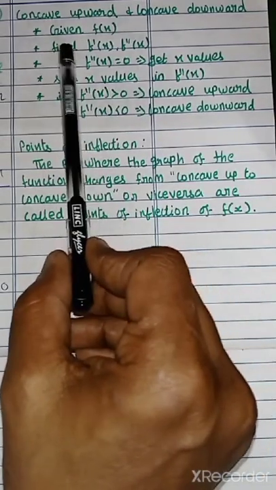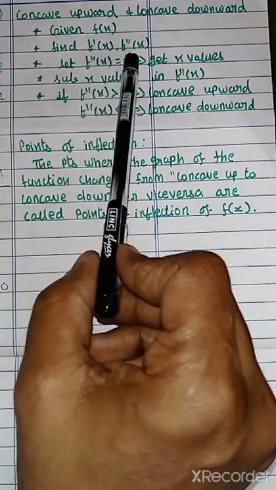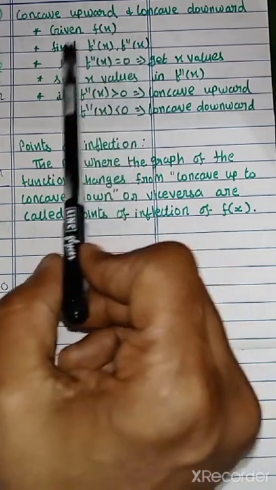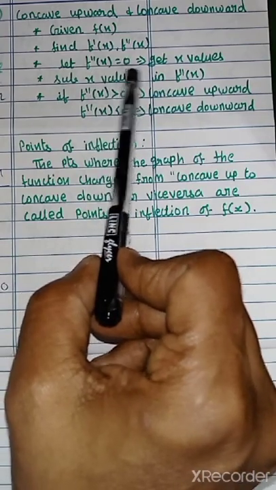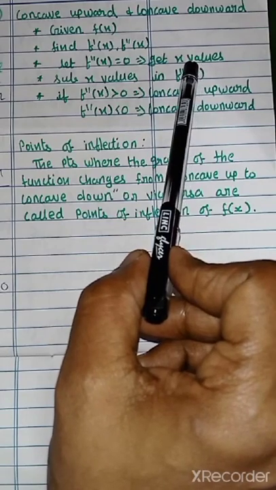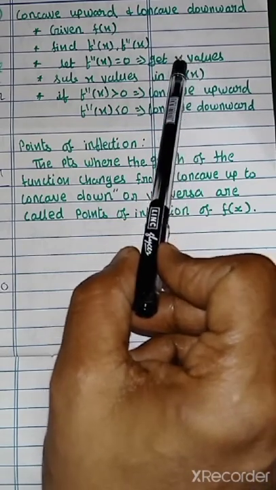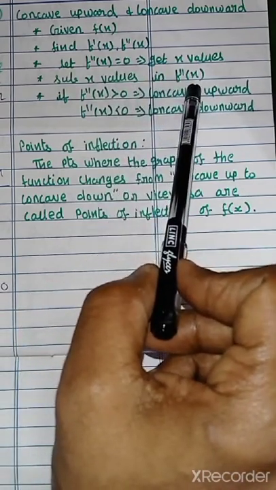What is the first step? f of x will be given. We have to find f dash of x and f double dash of x. Then let f double dash of x equal to 0 and get your x values, and make the number line interval. After that, substitute your x values in f double dash of x.